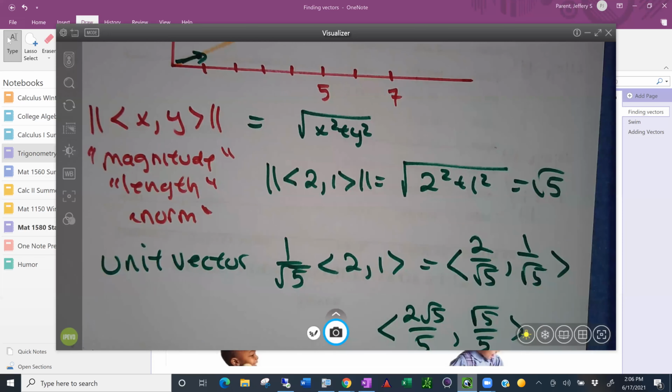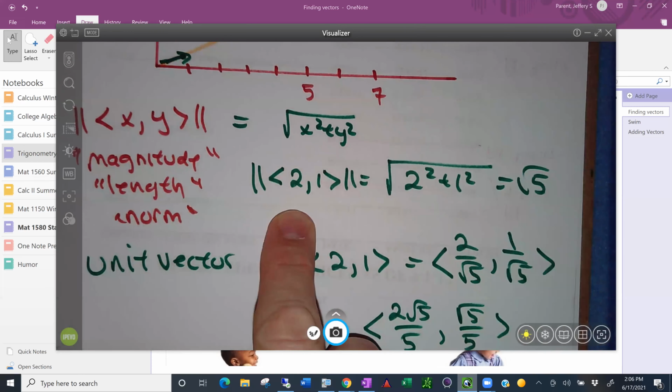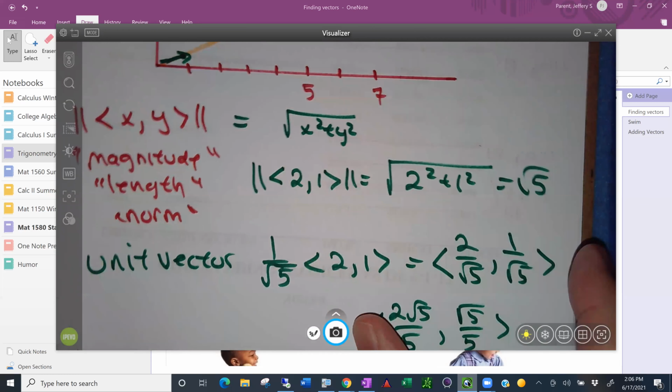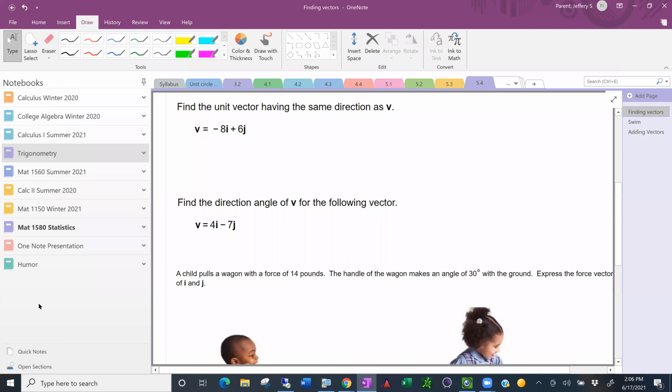We'll just keep on going with this one just out of convenience. Sometimes you're going to be asked to find the angle of a vector. And that is the angle that it makes with the positive x-axis. You know what, maybe we should do that for this one, just to do something a little different and get out of the first quadrant.